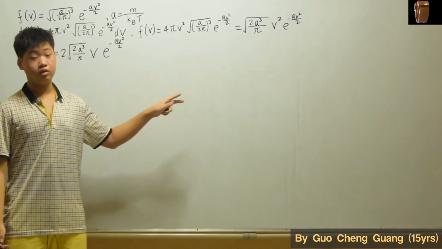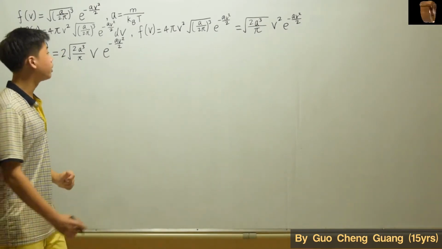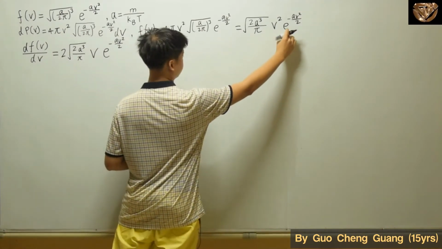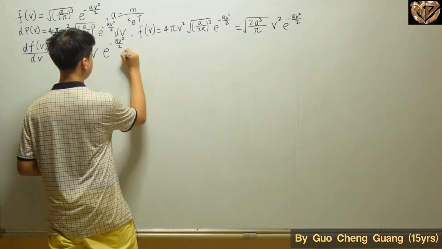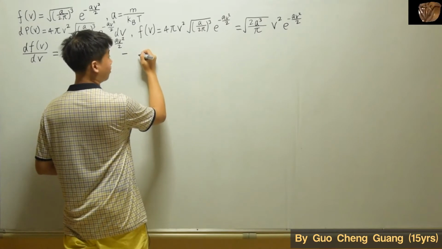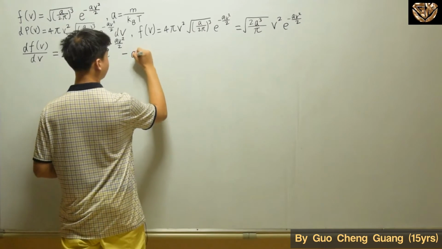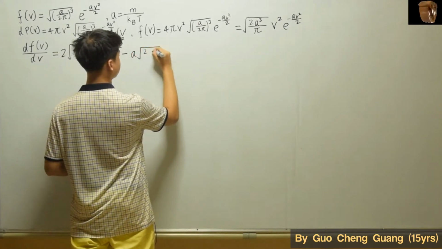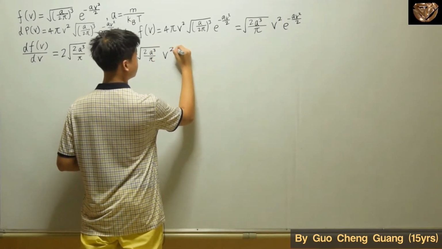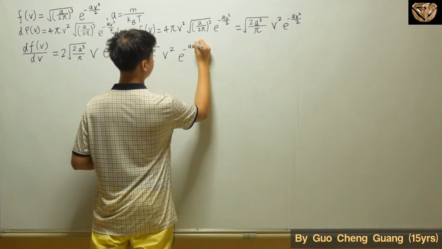So next, you have your product rule, and then you have to be aware of a chain rule. So at first it is a plus, but since with the chain rule you have a negative in the power, that means you have to minus. So minus in the power, you're going to see a square root 2a cubed over pi v squared e to the power of negative av squared over 2.